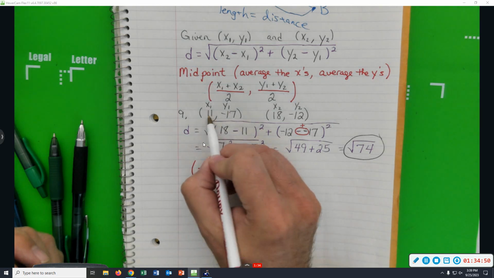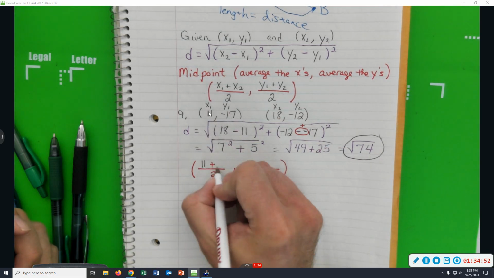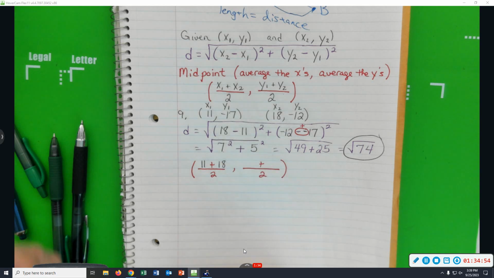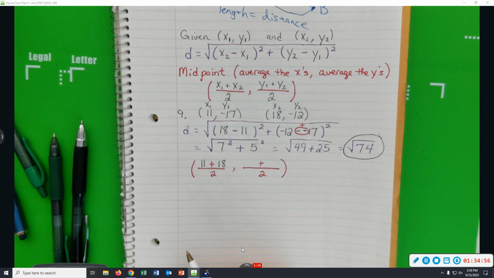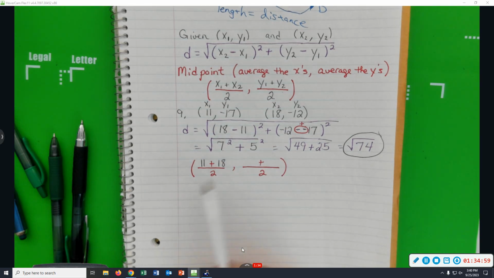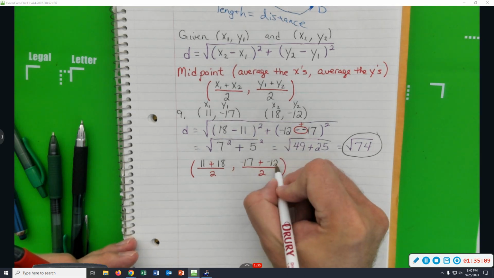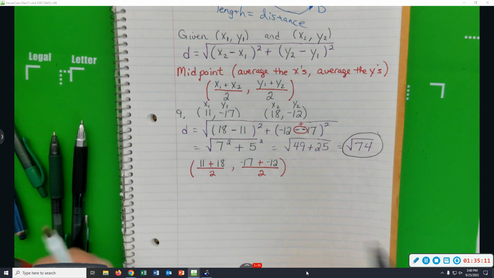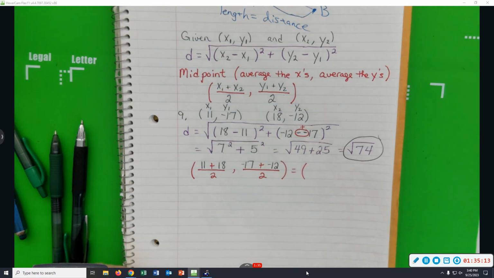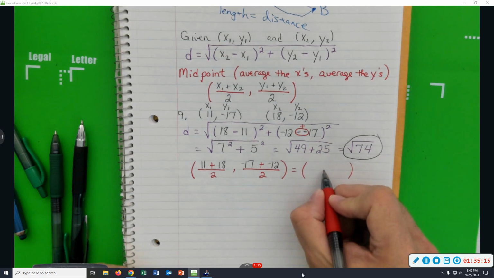Okay, so it's x1, 11. We're averaging 11 and 18. We're asking ourselves, what number is midway between 11 and 18 on the x-axis? And here, negative 17 plus negative 12. What number's midway between negative 17 and negative 12 on the y-axis?